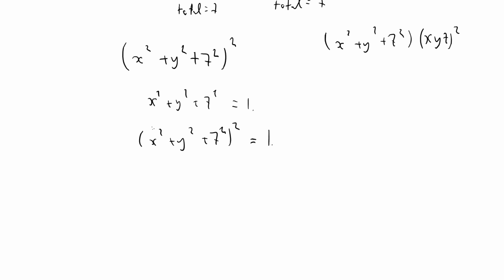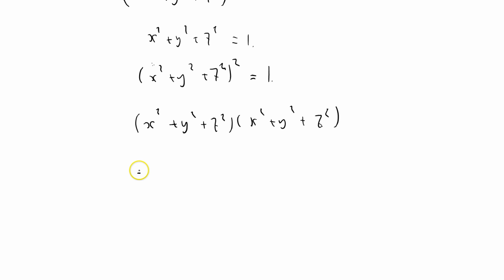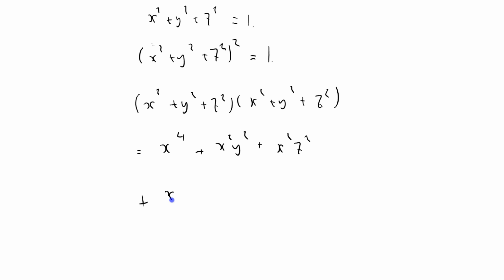Well, let's just expand this and see where it goes. X squared plus y squared plus z squared, times x squared plus y squared plus z squared, equals x to the power 4 plus x squared y squared plus x squared z squared plus x squared y squared plus y to the 4 plus y squared z squared plus x squared z squared plus y squared z squared plus z to the 4.